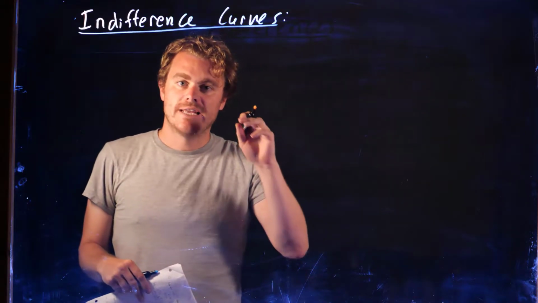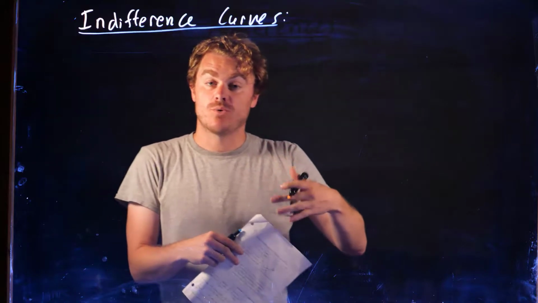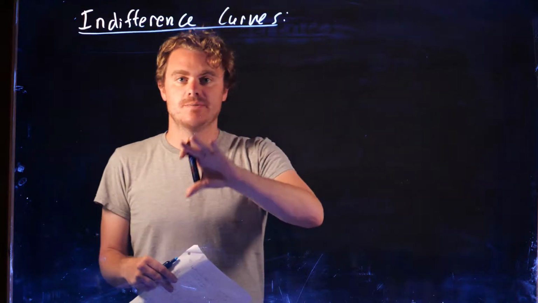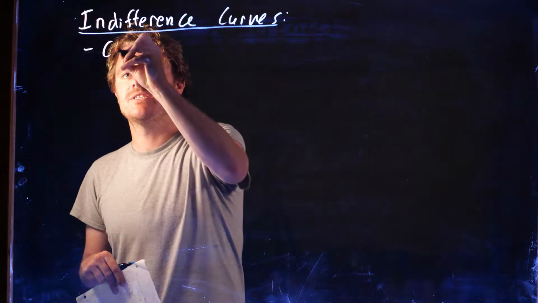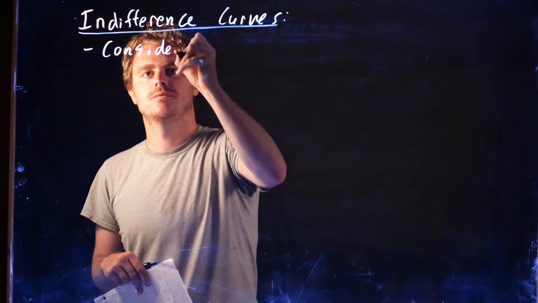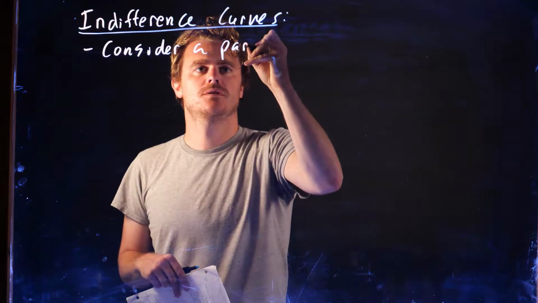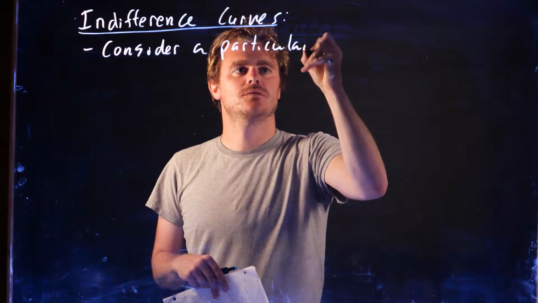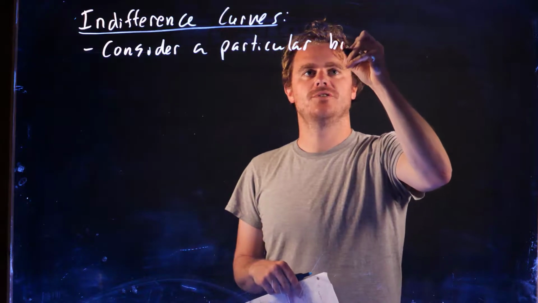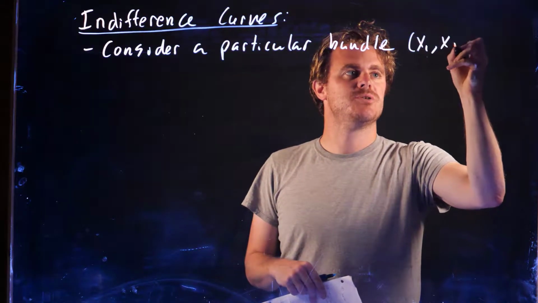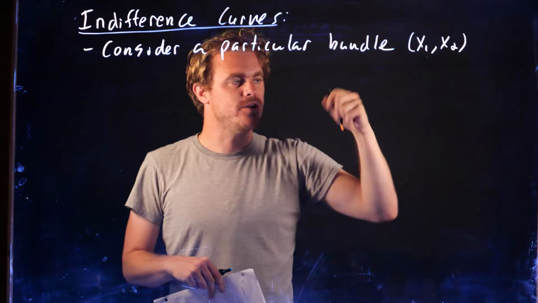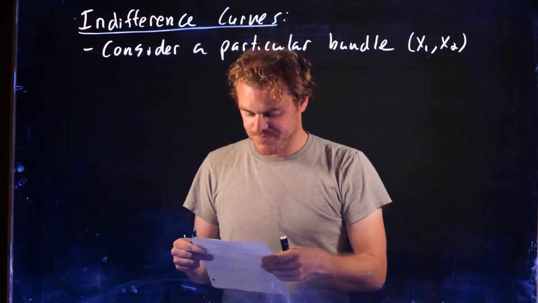So now let's look at indifference curves, which are kind of ways to represent or describe these preferences graphically. So consider a particular bundle. A particular consumption bundle, X1, X2. So again, X1 amount of good 1 and X2 amount of good 2.